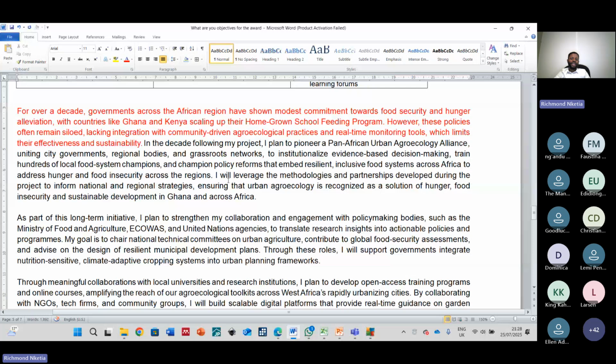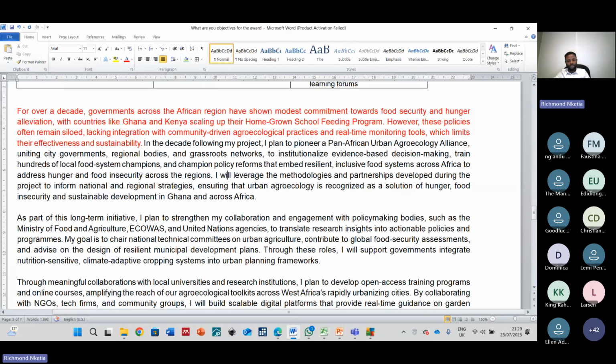So in the decade following my project, which is 10 years, I plan to pioneer a Pan-African Urban Agroecology Alliance, uniting city governments, regional bodies, and grassroots networks to institutionalize evidence-based decision-making, train hundreds of local food system champions, and also champion policy reforms that embed resilient, inclusive food systems across Africa. And the reason is that I want to address hunger and food insecurity across the region.